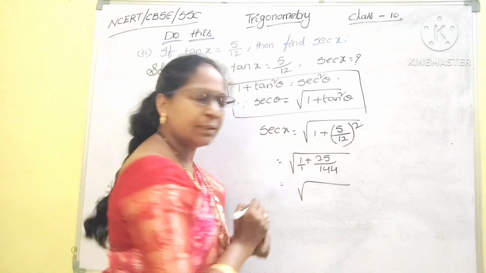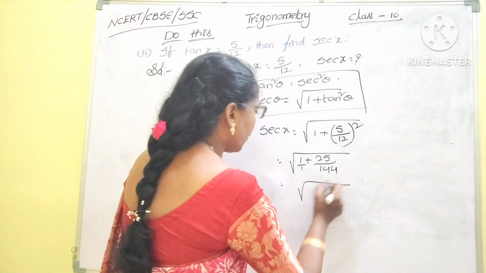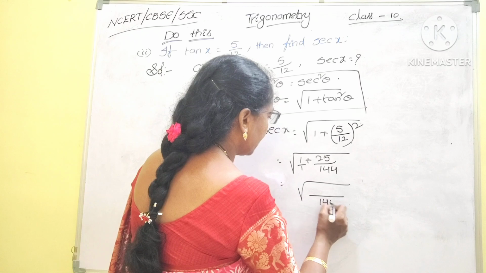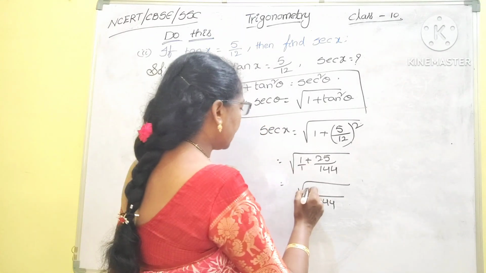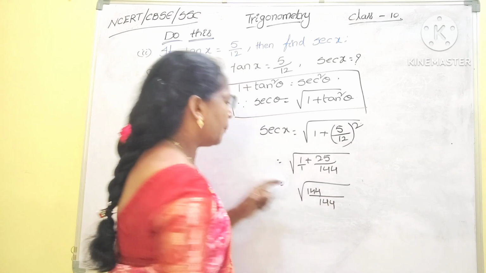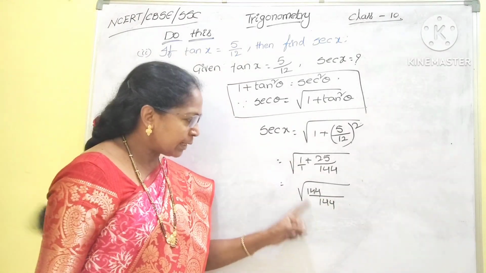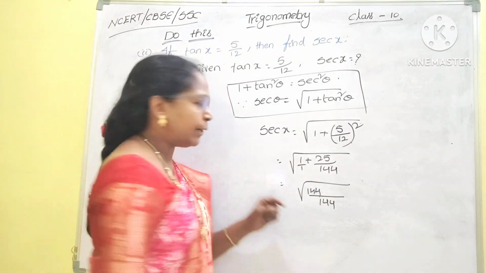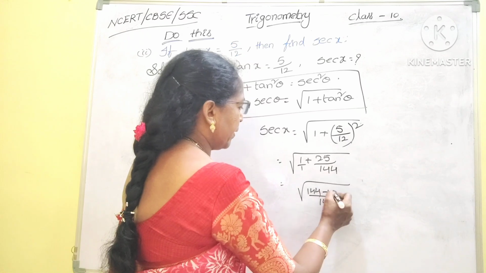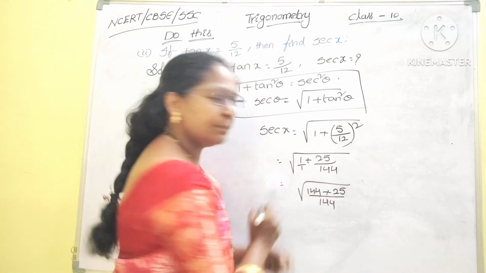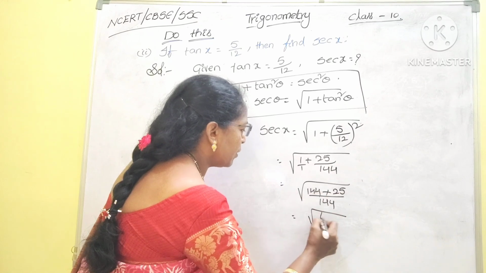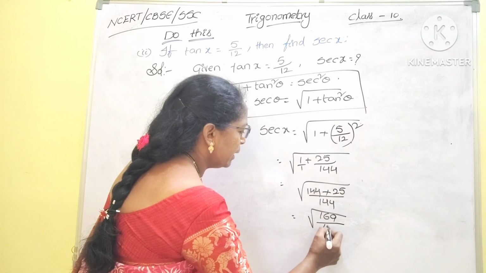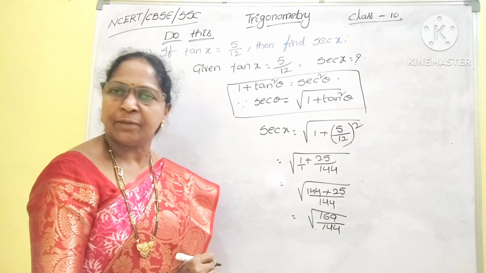The other term is by 1, so LCM is 144. 144 into 1 is 144, plus 25. If you add these two, you will get 169 divided by 144.